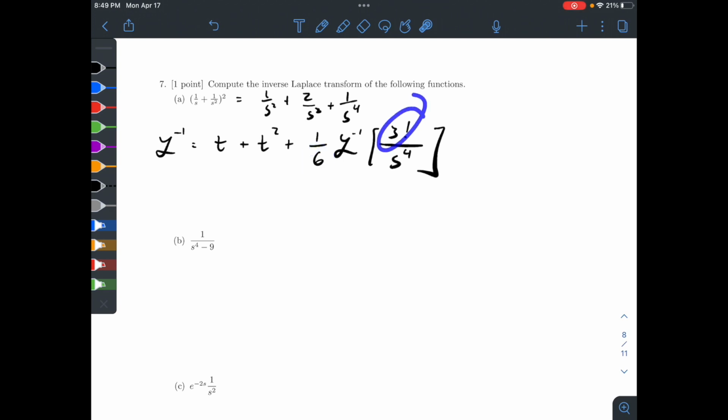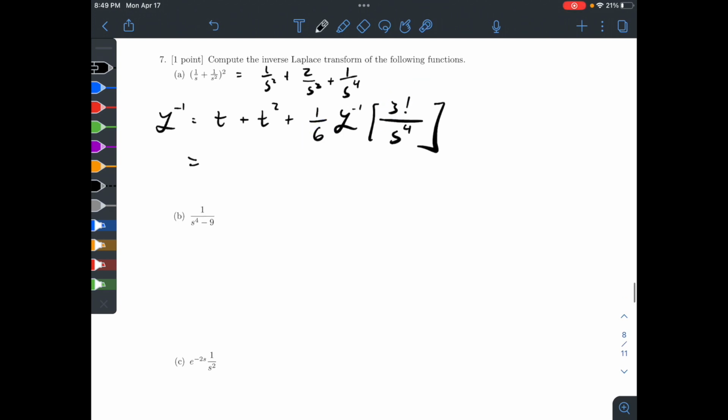I probably could have written them both as 6, but I didn't. So yeah, this is plus 1 over 6 t to the 3rd.